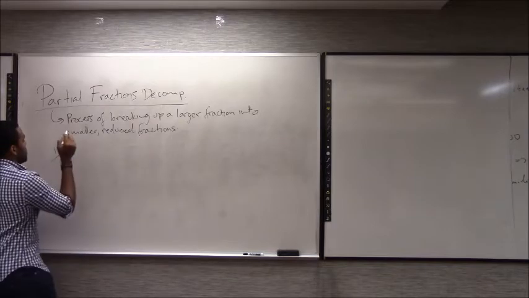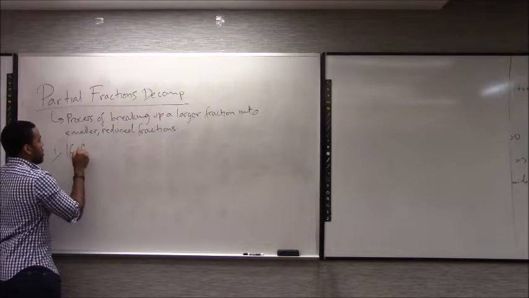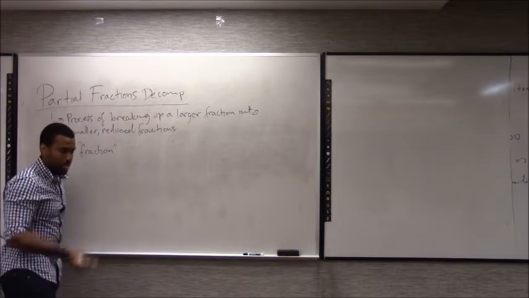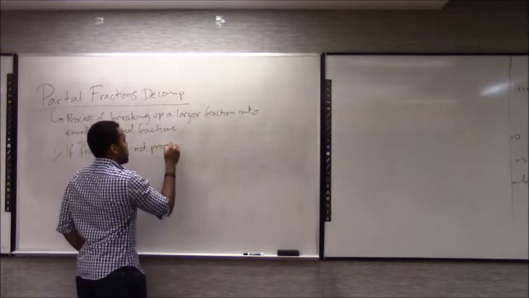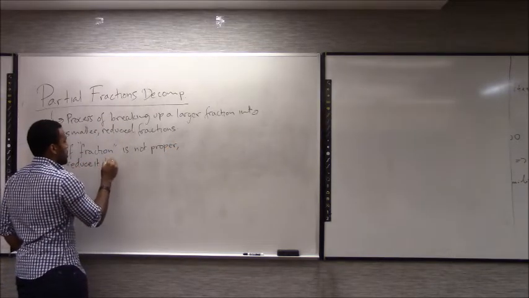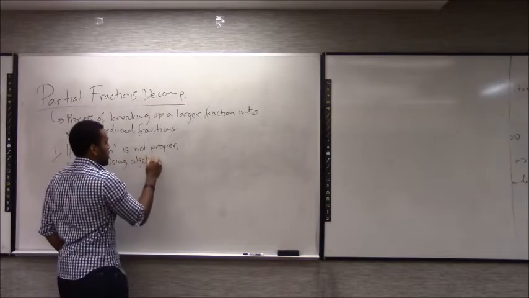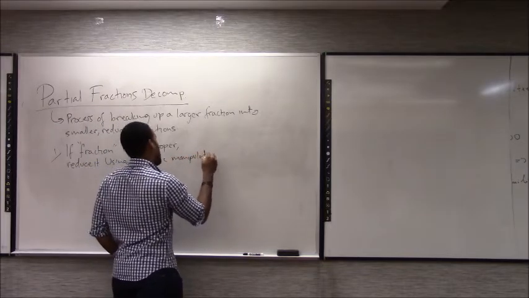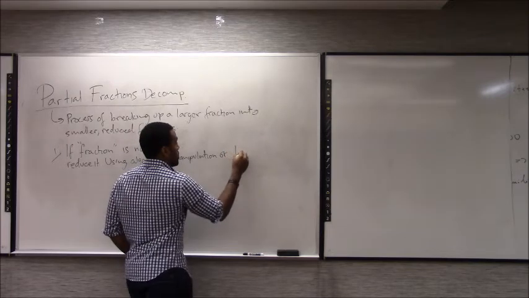One is, if your fraction, which is the wrong word for a rational function, is not proper, you must reduce it. You can do this using algebraic manipulation, or something like long division.